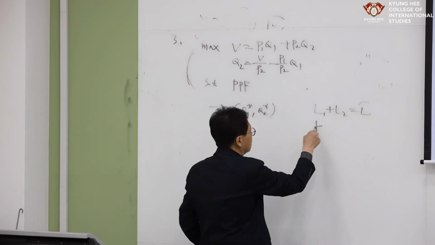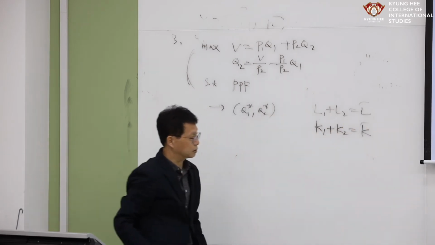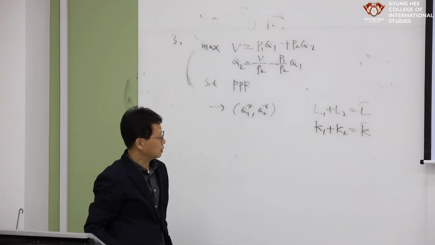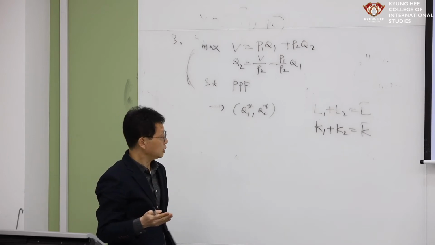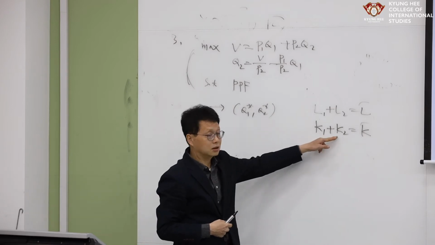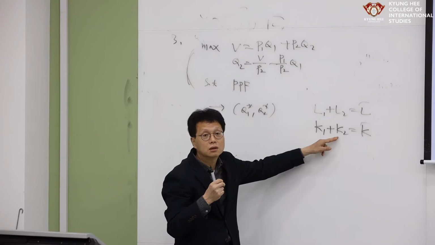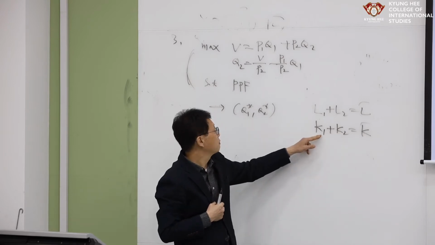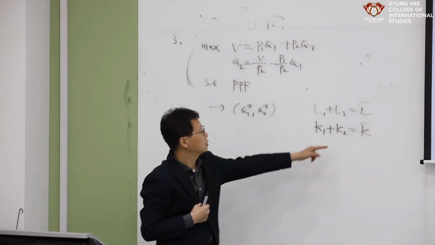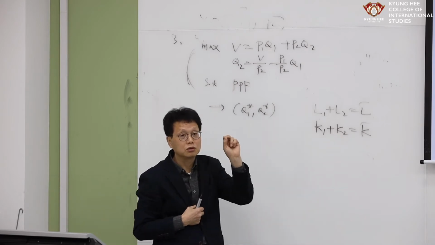Also, we know K1 plus K2 is K bar. The same thing happens. K bar is the total capital supply by households, right? K1 plus K2 is the capital demand by firms. K1 is the capital demand by the firm producing Q1. K2 is the capital demand by the firm producing Q2.